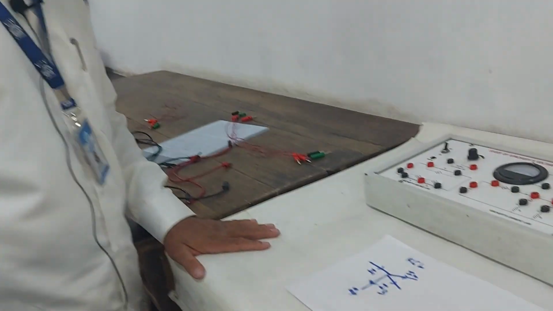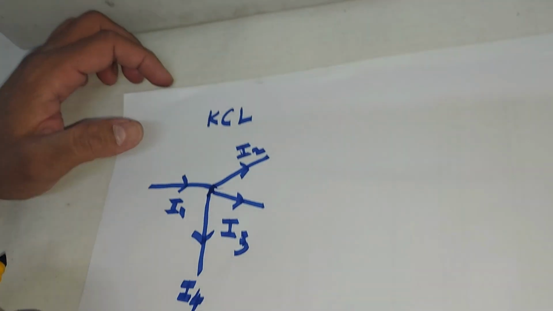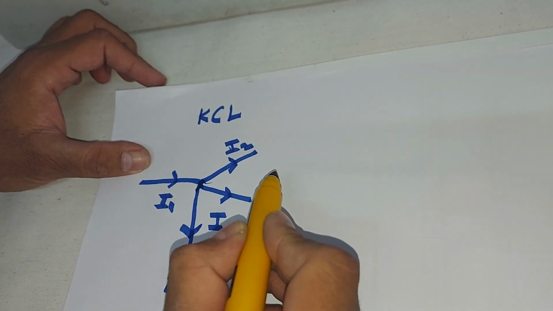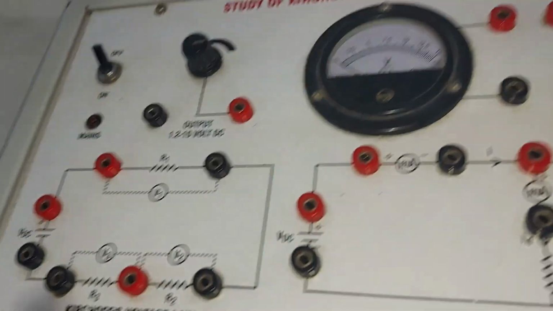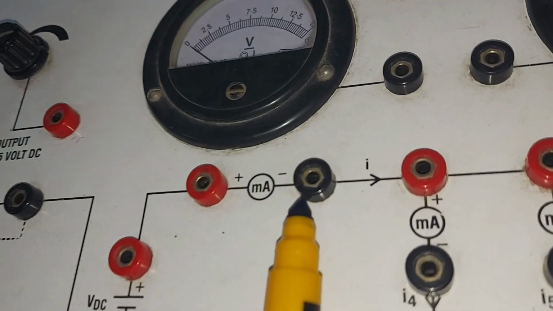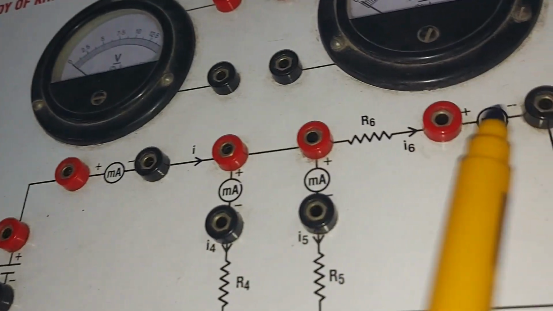So, here I will consider an example in which we have only one incoming current and three outgoing currents. As in this kit, here we have only one incoming current and there are three outgoing currents. This is 1, 2 and 3.